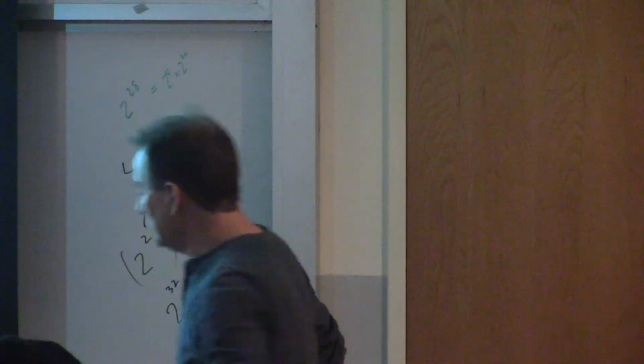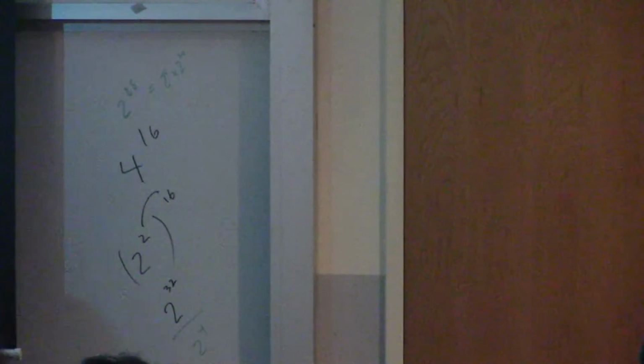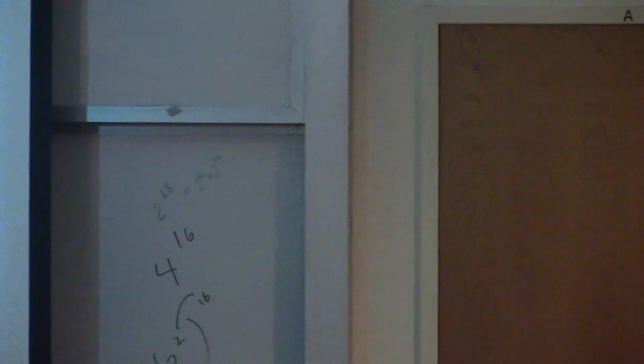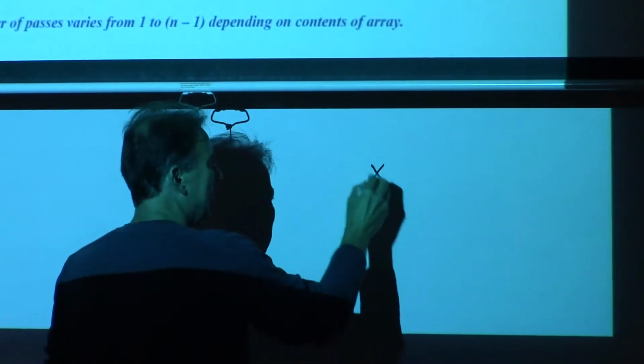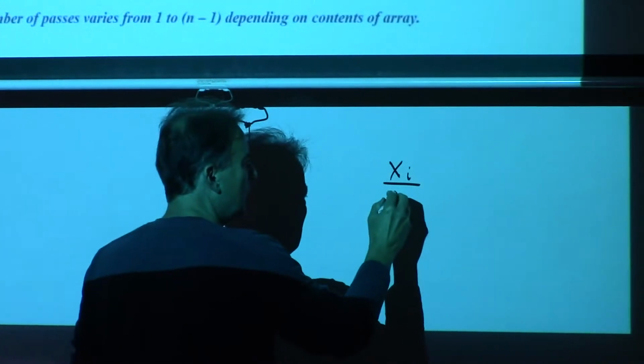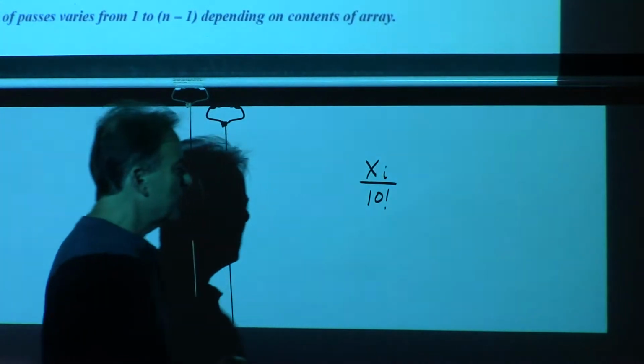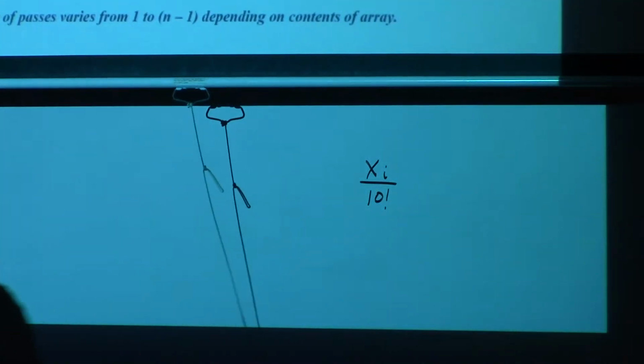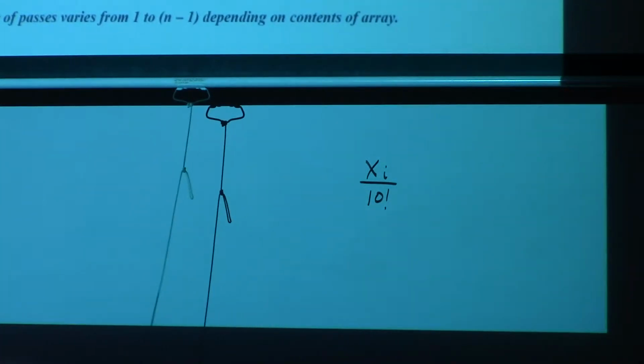So the average number of passes, I'll put it up here. We're going to have x sub i over 10 factorial. Now remember, there's only x sub 1 through x sub 9.